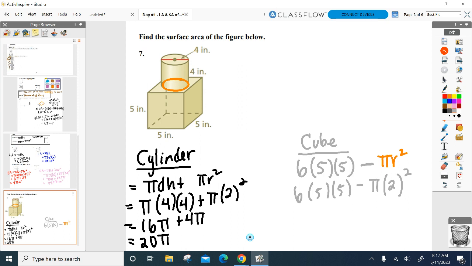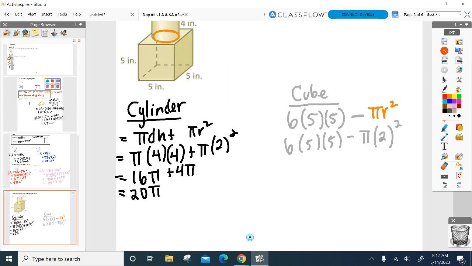We okay? So go ahead, find that area, and then I add the 2 together to find the total surface area. Rounded to the nearest... Oh, I don't have any directions, do I? We'll go nearest 10th. Should have put those directions on.